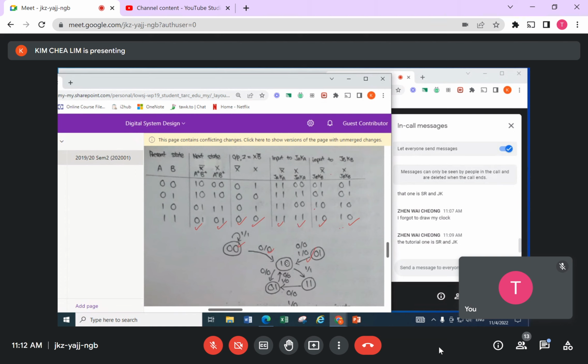I'm at 1, 0. If 0 comes in, I go to 0, 1. Hey, 0, 1 is here. So you take either one. This one, 0, they go to 0, and the output is 0.